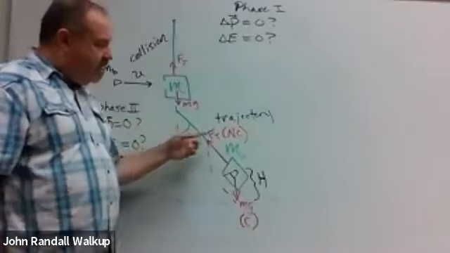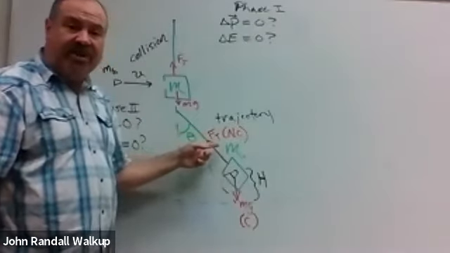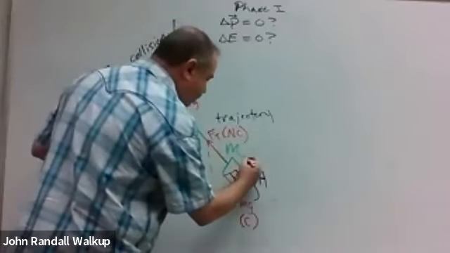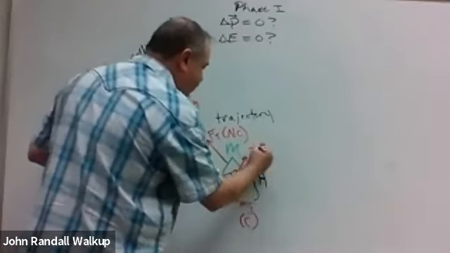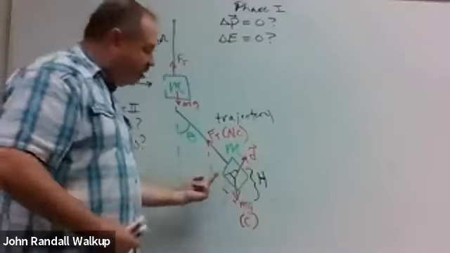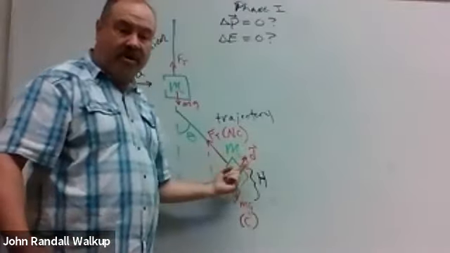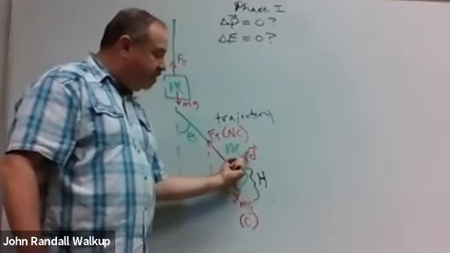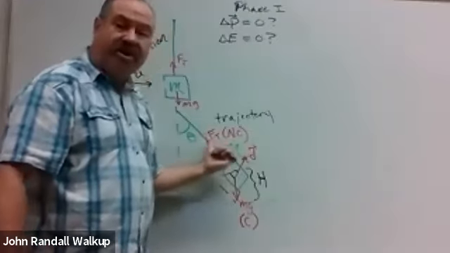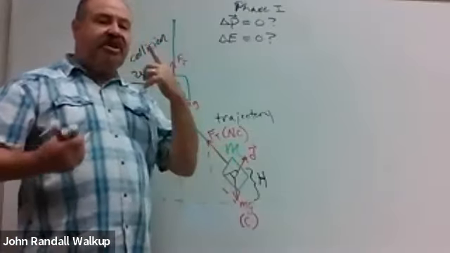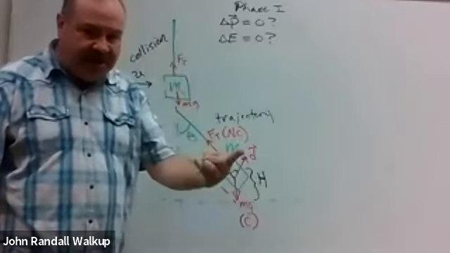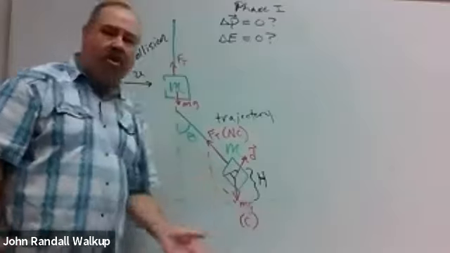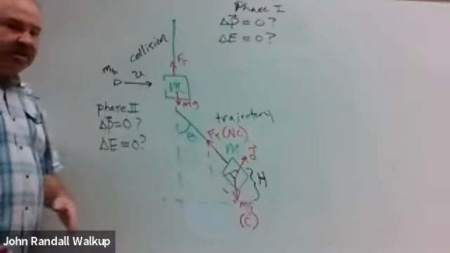However, notice that this tension force is always perpendicular to the displacement. Whatever direction the object is moving, whatever displacement it undergoes, it's perpendicular to the tension force. So the tension force acts on the system, but it doesn't do any work on the system. Therefore, there are no non-conservative forces doing work on the system.